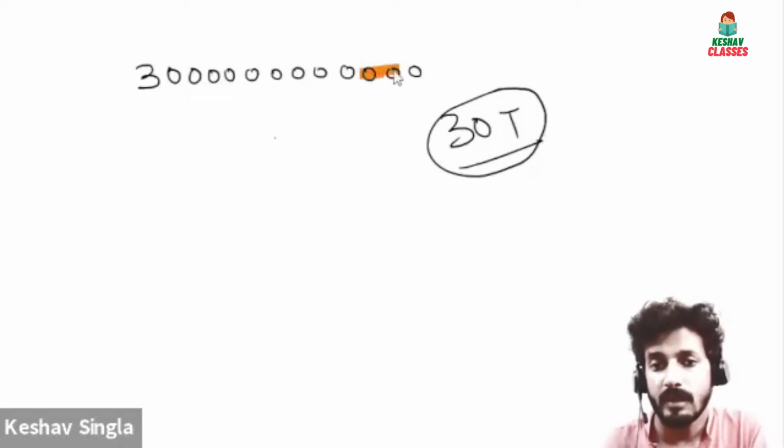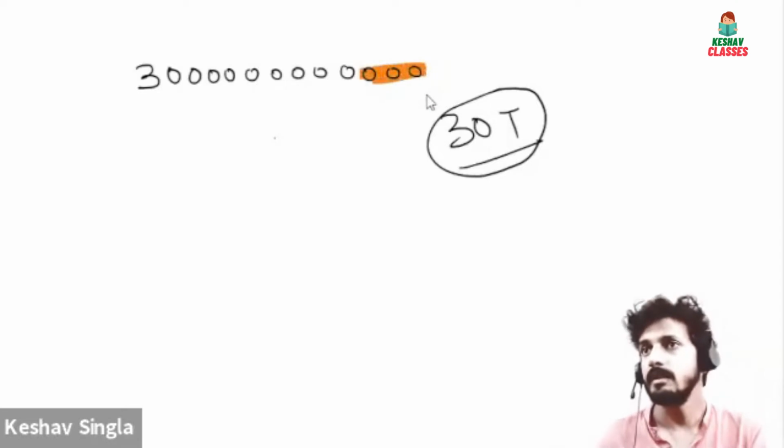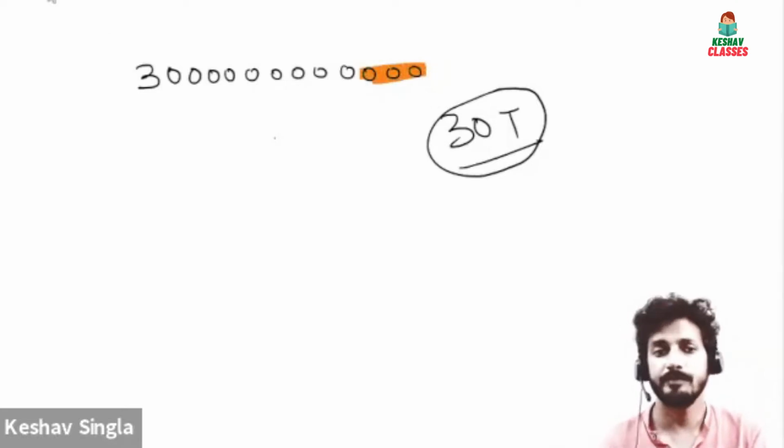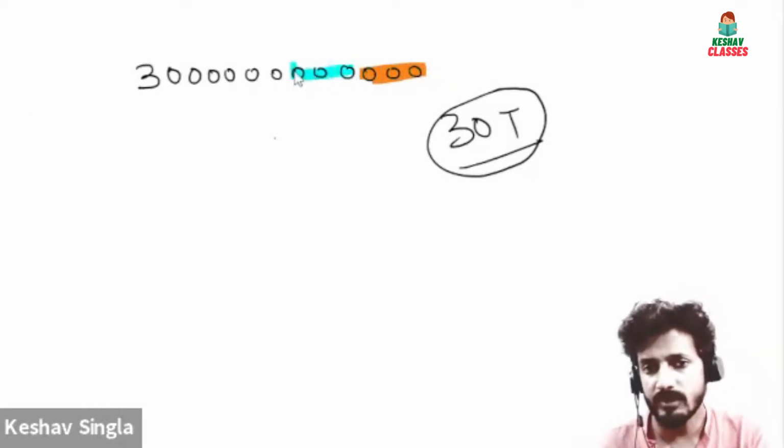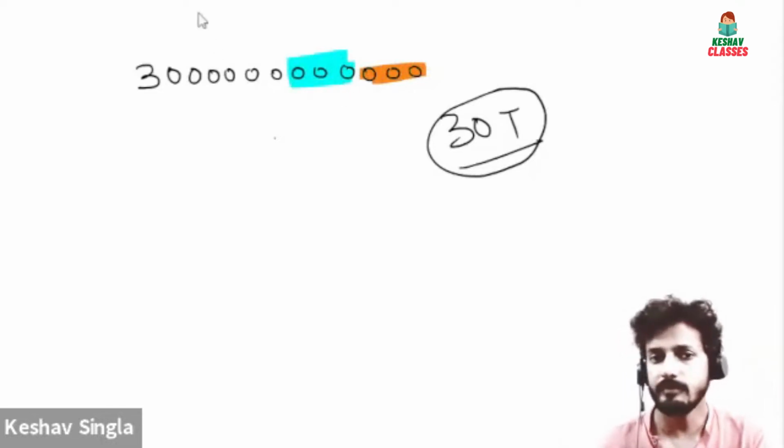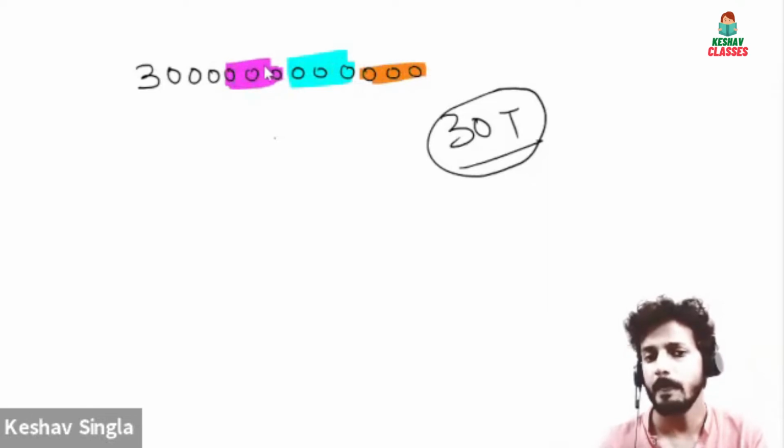So the last three are for ones, right? Then we have the next three for 1,000. So these three. So this is 0 thousand and 0. Okay. Let's color the other three. So this is actually 0 million. 0 million, 0 thousand.